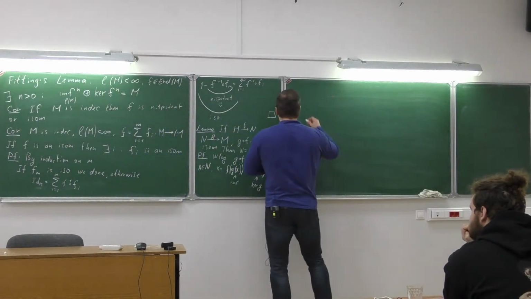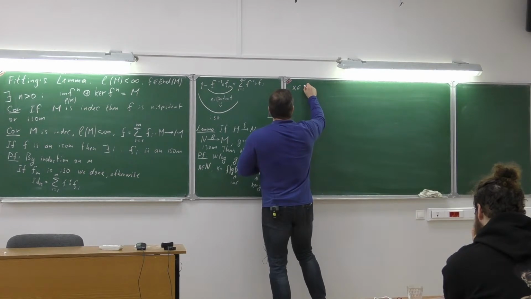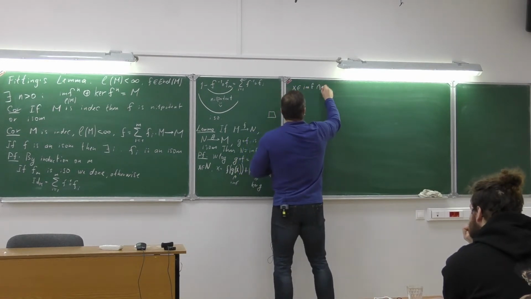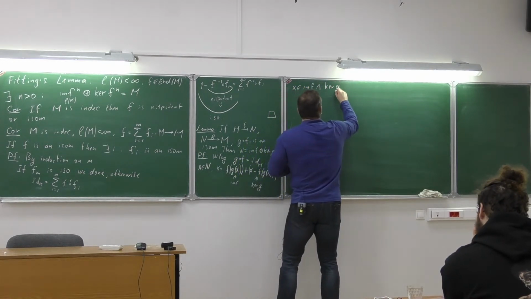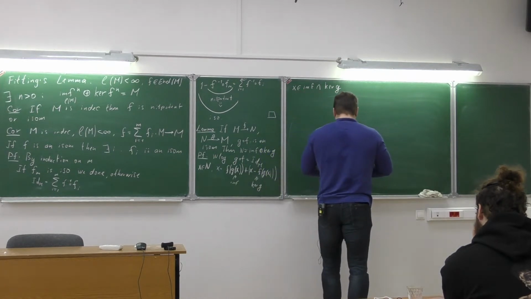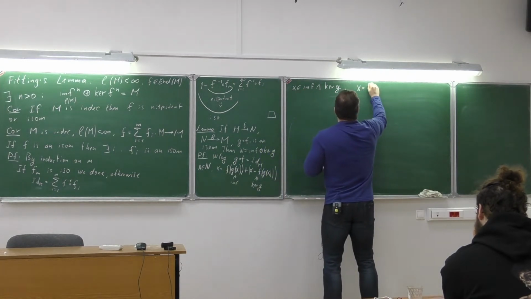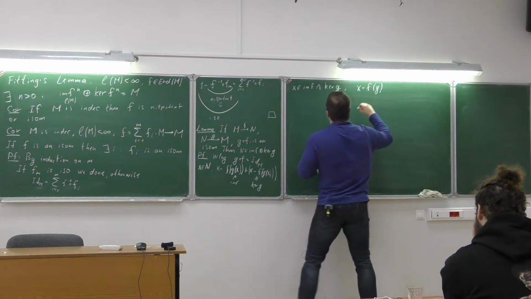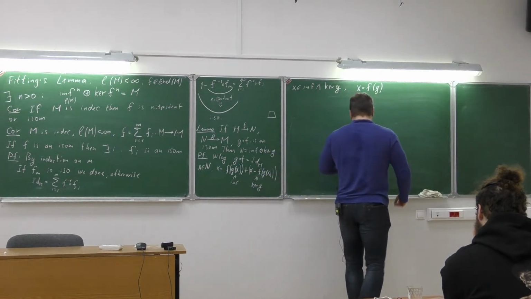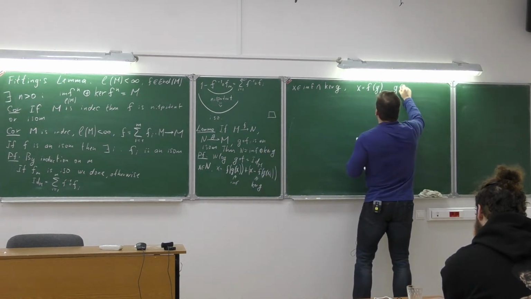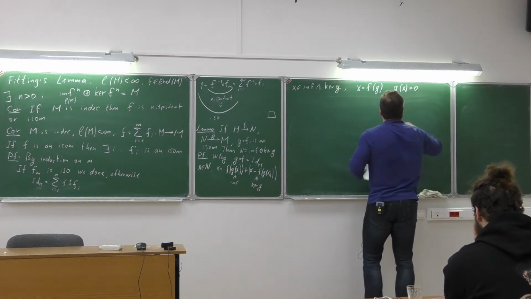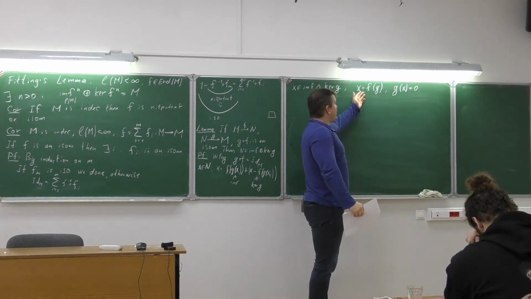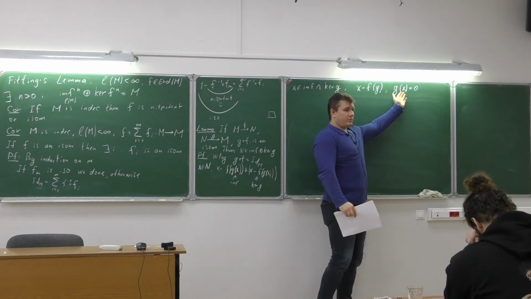Now let's take something in the kernel. So suppose X belongs to the image of F intersect the kernel of G. So it means that I can write this X as F of some Y, because this is in the image, and at the same time I know that G of X is equal to 0. So I just take the first formula and plug it into the second formula.